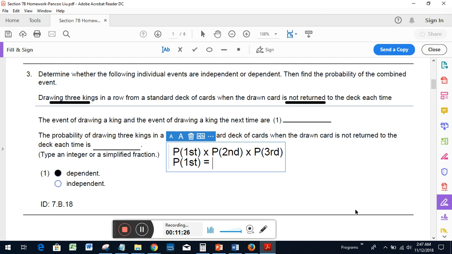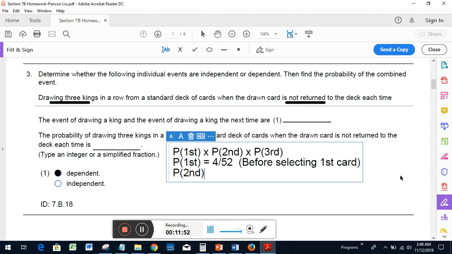So remember, there are 4 of each card. In this case here, there are 4 kings out of 52. And again, this is before selecting the first card.